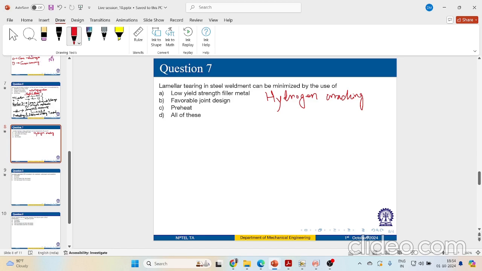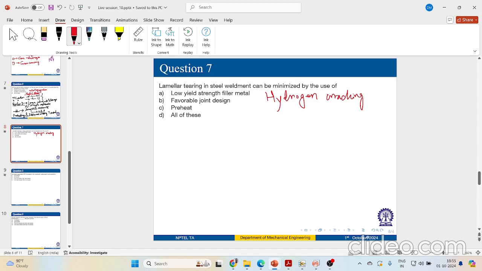Because of variation in solubility of hydrogen, there will be generation of this cracking tendency. That is the origin, right? Now, reduction in temperature decreases solubility of hydrogen in solid state, because there will be change in crystal structure, and because of that, if you are reducing your temperature, that will decrease your solubility of hydrogen.